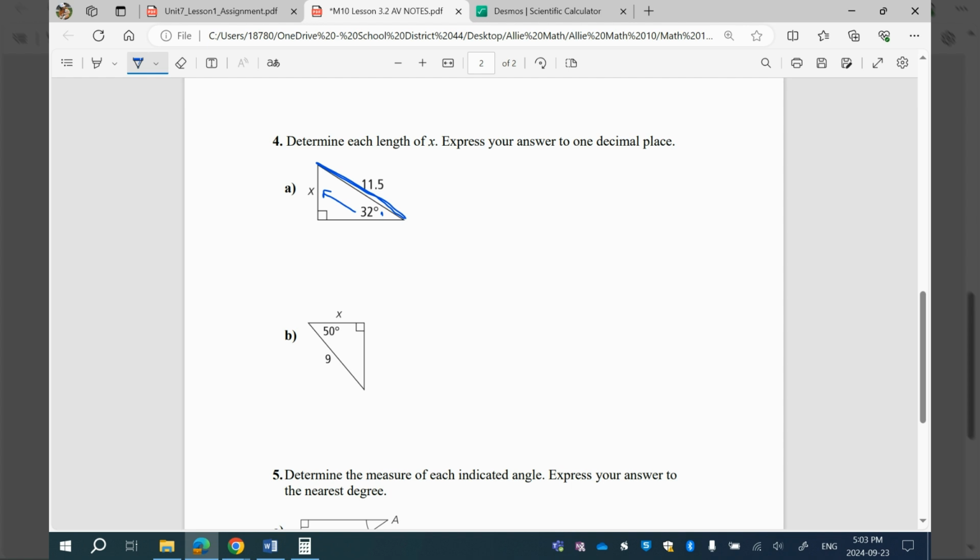So we're going to use sine because of SOH: the sine of 32 is equal to the opposite, which we don't know, over the hypotenuse. We're not going to use cosine because that uses adjacent, and we're not after adjacent.